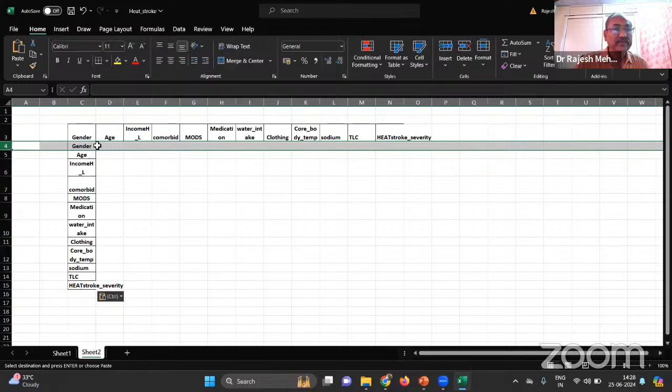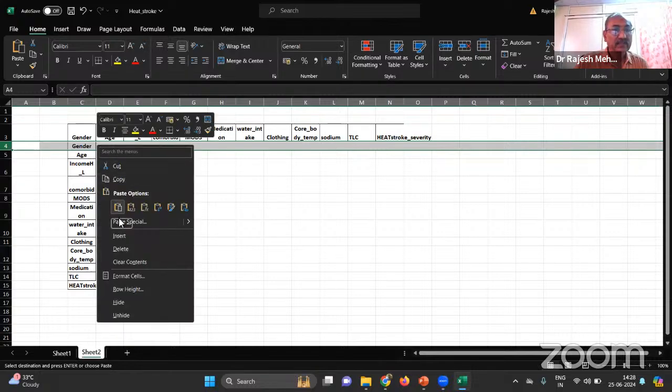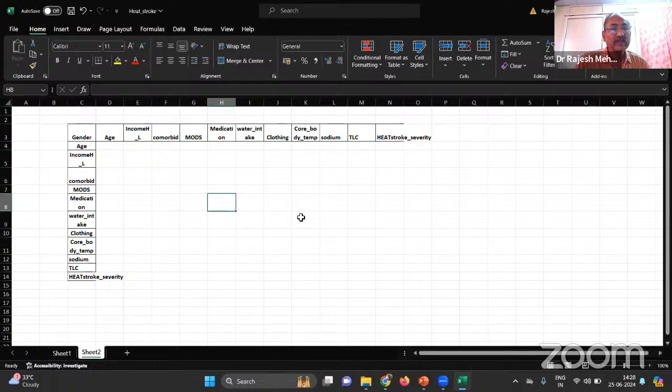Once you transpose it, this is what is to be done if you want to do the scientific analysis of any research study. And then you look at the number of variables. There are 12 variables.